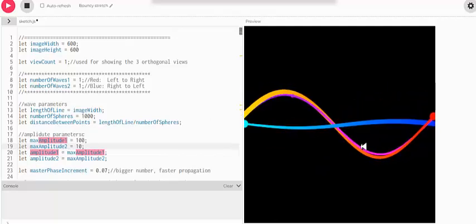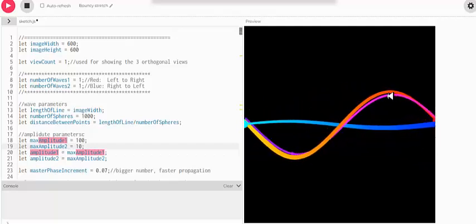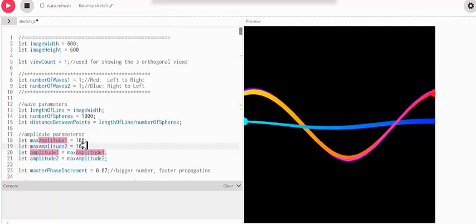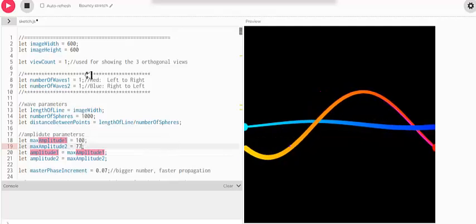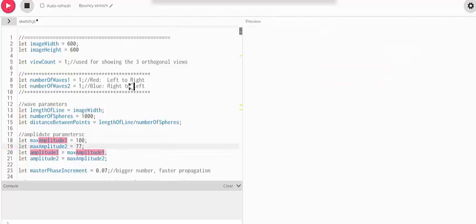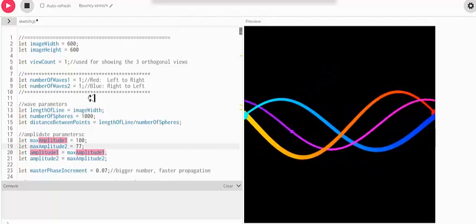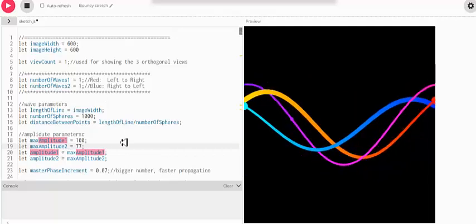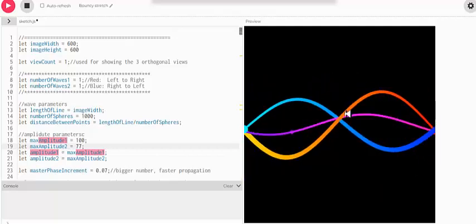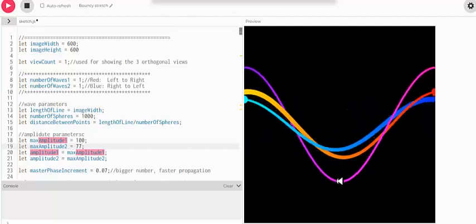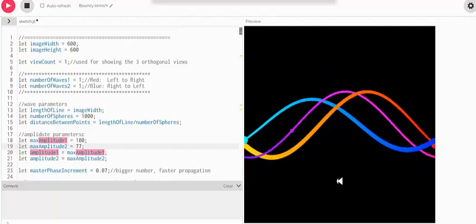So the purple wave, the interference pattern, is kind of following this one, and kind of following this one. As we make this bigger, let's make this maybe 77. Then you'll see that it is very close to being the standing wave again, but you still get that feeling that it is a standing wave because the largest amplitude always ends up in the same place.